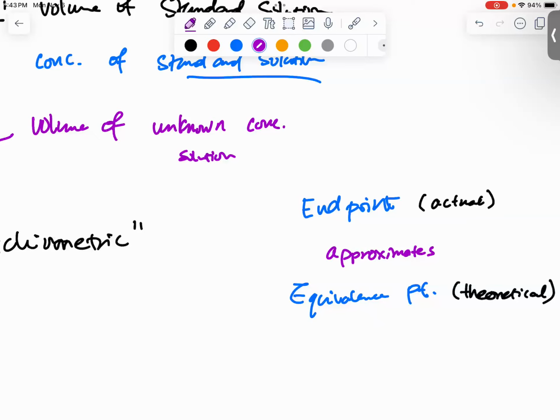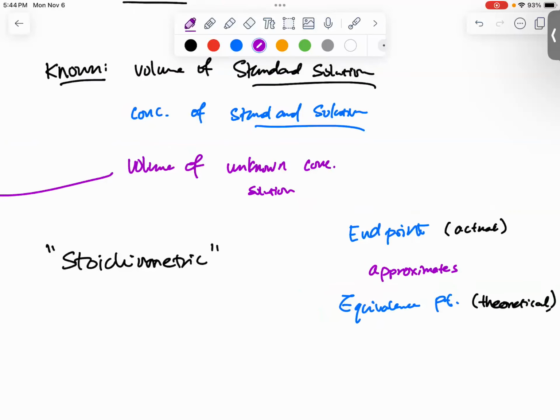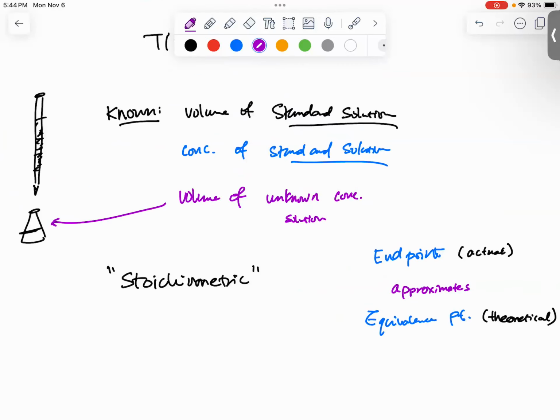You swirl it and let the base react. When you drip the sodium hydroxide into the unknown concentration acid, let it dissolve, let it react, and then you try to achieve the lightest pink possible. Because we need to record the volume used of the standard solution.